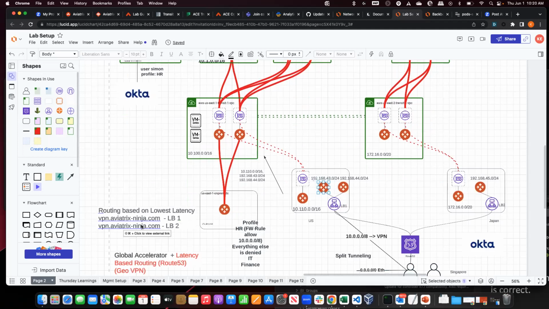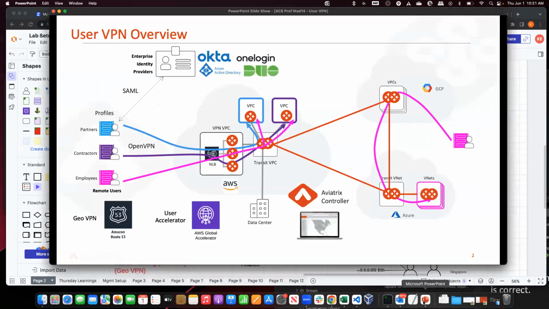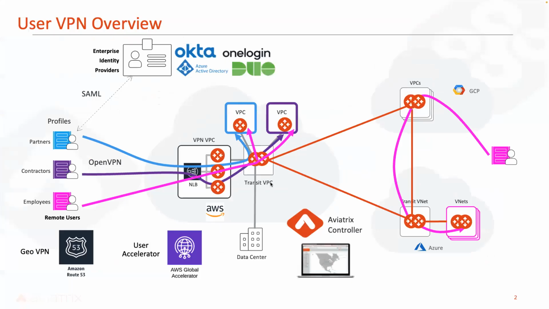I think this was hopefully a good overview of user VPN. Now I'll go back to the slides to check if there are any concepts that we have missed. Okay, so I think this is now very clear.